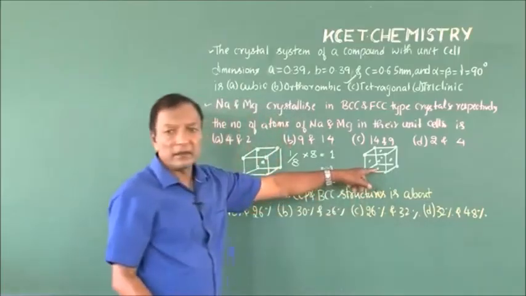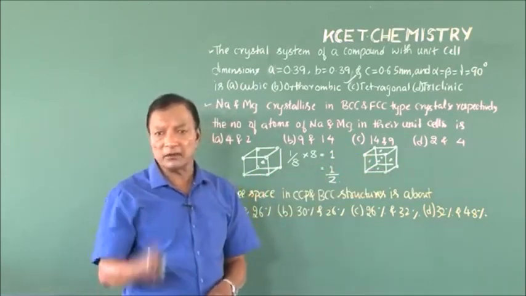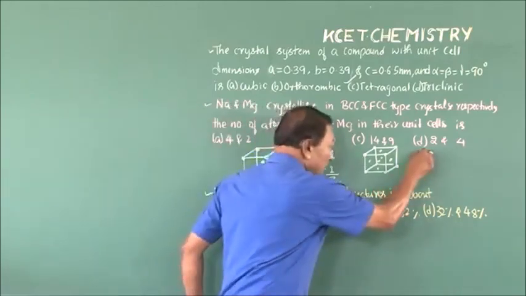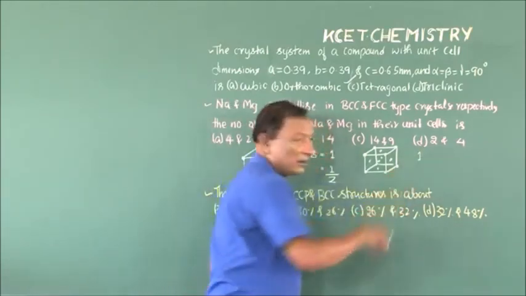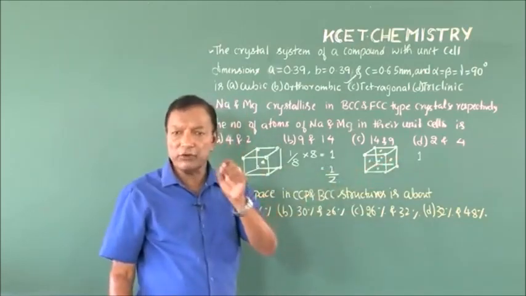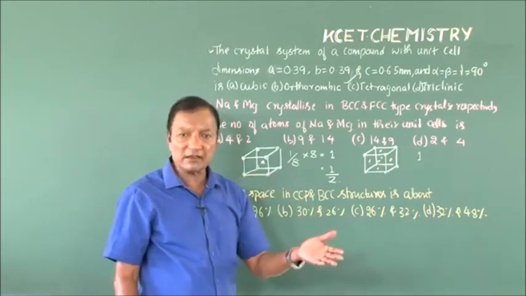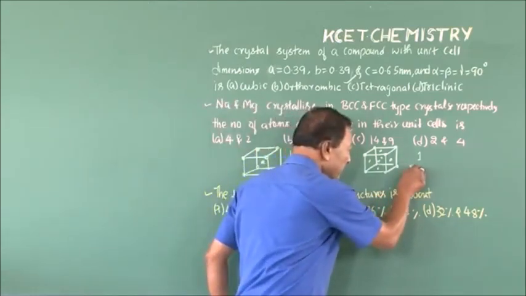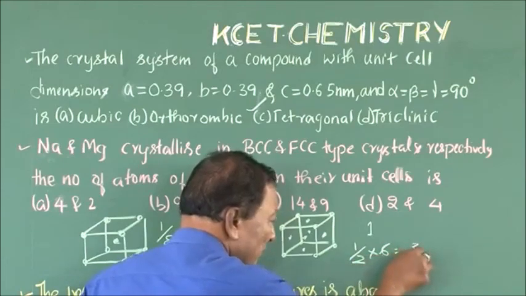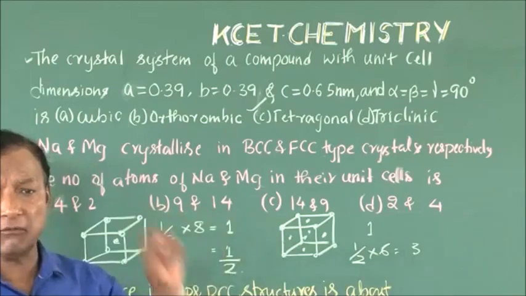So here, from 8 corners, the number of particles will be 1, as in the previous case. This is the contribution from 8 corners. And from the face, each face contributes 1 by 2 particle. 6 faces will be giving a total of 3. So the number of particles in the FCC unit cell is 4.